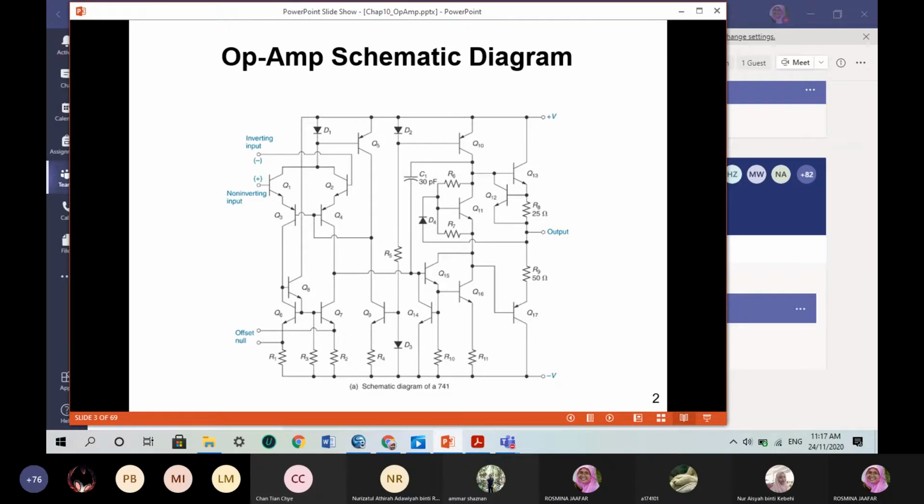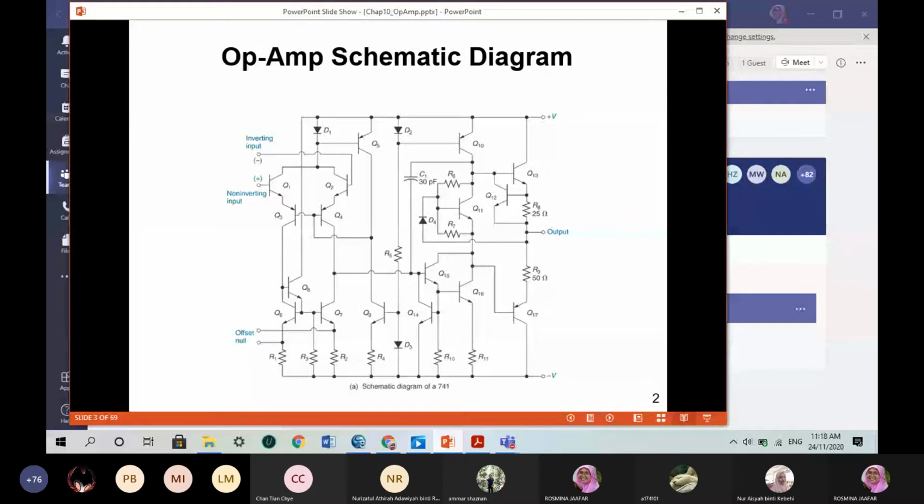This diagram shows the internal circuitry of an Opamp. For example, how many transistors do you have in this circuit? Q1, Q2, Q3, Q4, and then Q5 here, 6, 7, all together 17 transistors inside an Opamp.